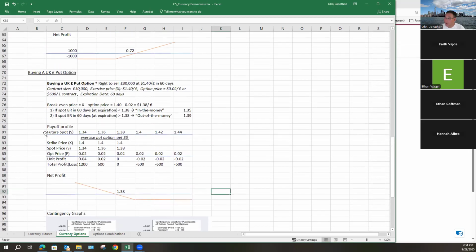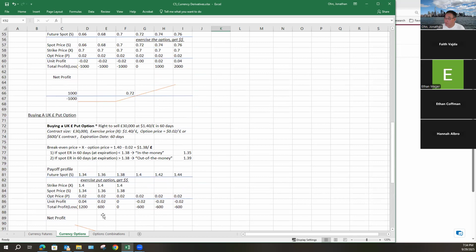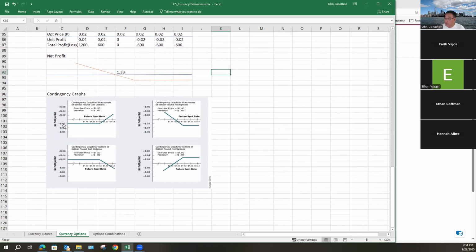We just talked about the call option and put option. That is the case when you buy the call option and put option. When you sell it, it's just a mirror image.